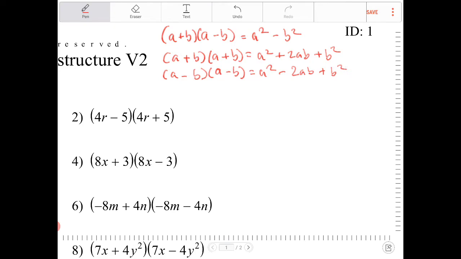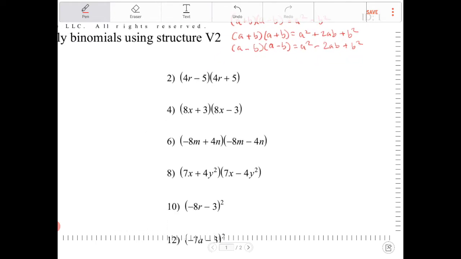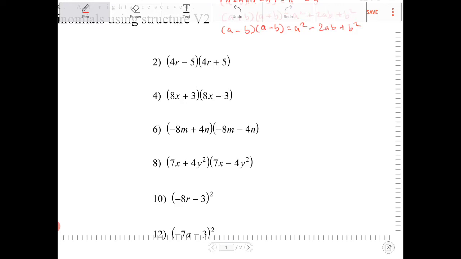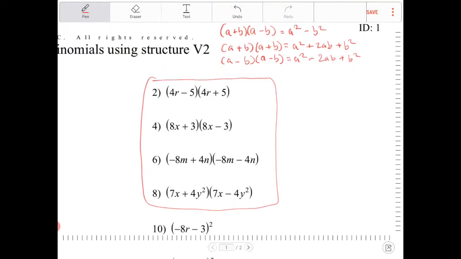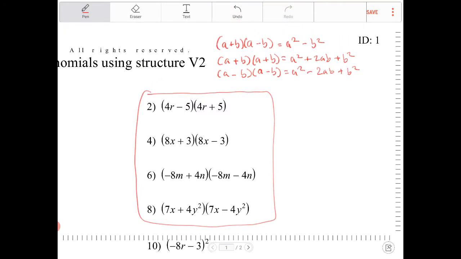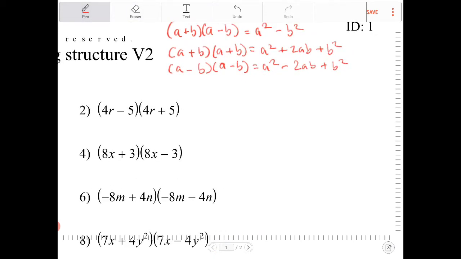All right, so let's take a look. Just so that you're aware, this is actually broken up. If you notice questions 2 through 8, these are all what form? That's right. These are all a difference of squares. So because these are all difference of squares, I'm going to apply that first structure that I've written there.